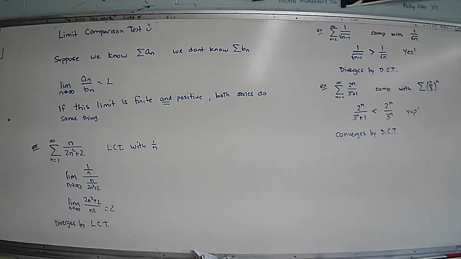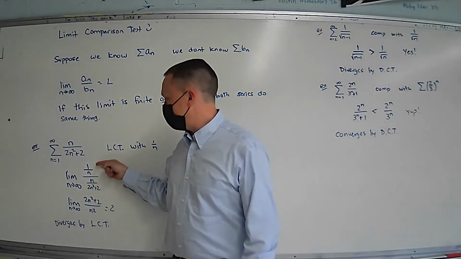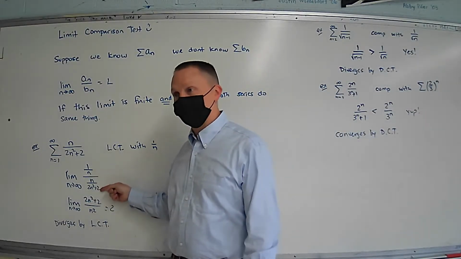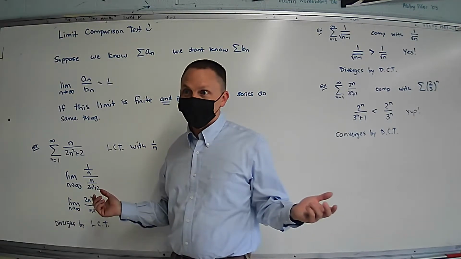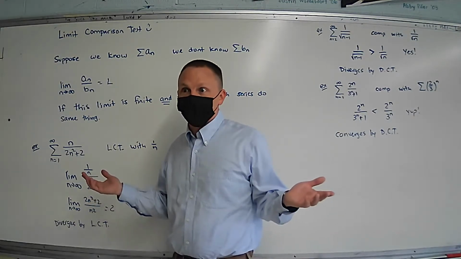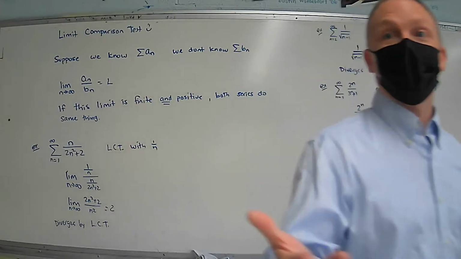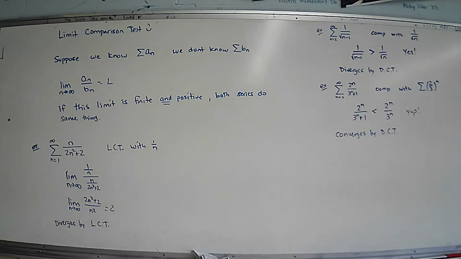You actually even took it one step further than I was thinking. I was just thinking that the ratio of the terms of this one to this one was equal to 2. That's what that says. And then you took that one step further and said, what does that actually mean? Well, I know 1 over n is going to infinity, and it's going to infinity twice as fast.